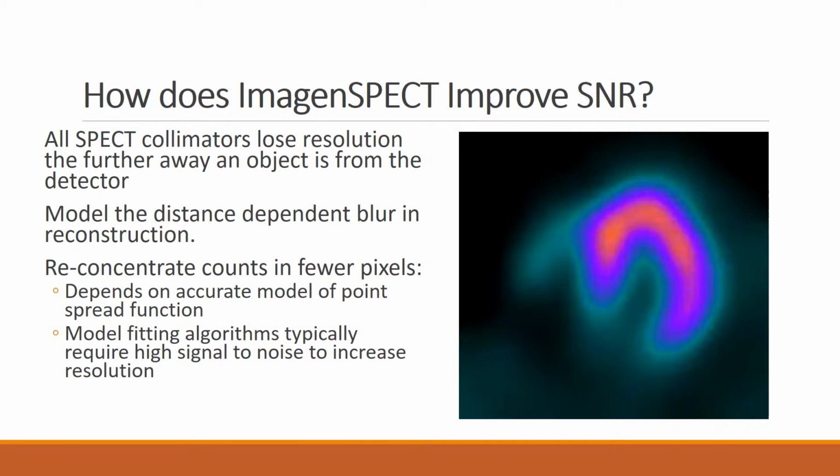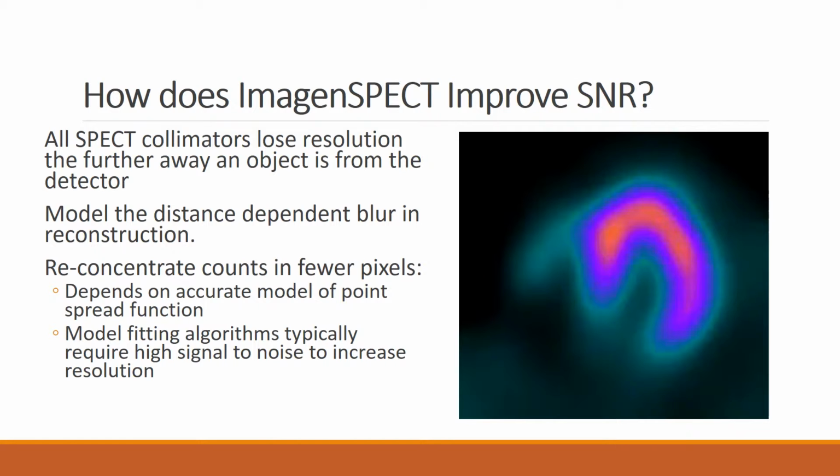The resolution of SPECT imaging systems is dependent on the collimator. All SPECT collimators lose resolution as a function of distance between the camera and the object that it is imaging. Resolution recovery attempts to model this distance-dependent blur and restore the resolution that has been lost.